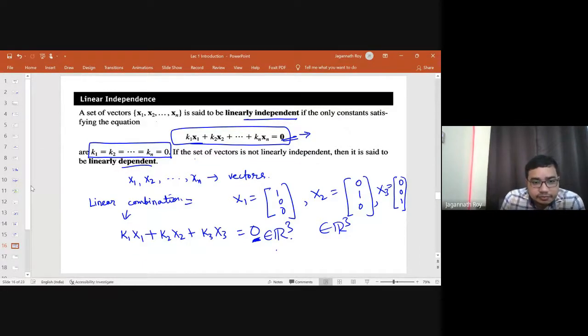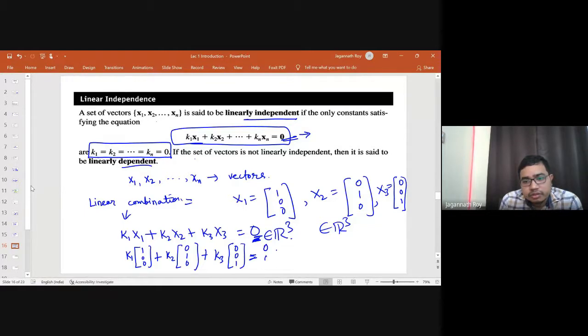That means K1 times (1, 0, 0) plus K2 times (0, 1, 0) plus K3 times (0, 0, 1), and the right hand side will now be (0, 0, 0). The zero vector, when 0 belongs to R3, we write as 3 zeros. When it is R2, then we have 2 zeros. You have to understand this concept.